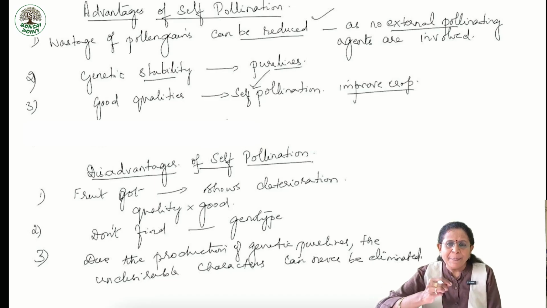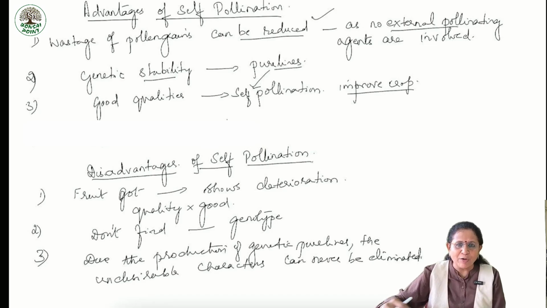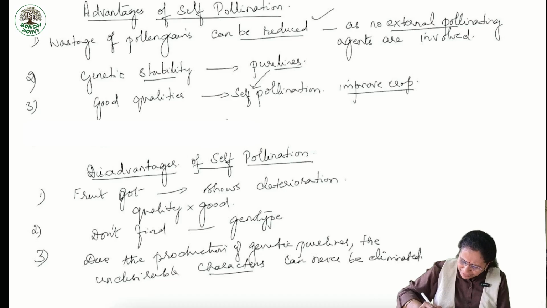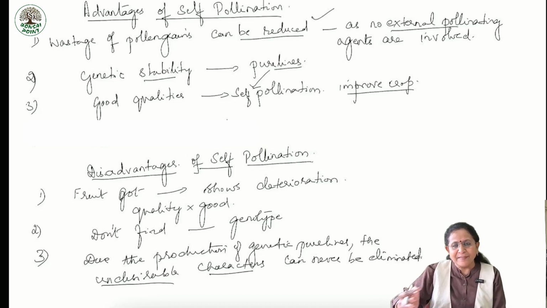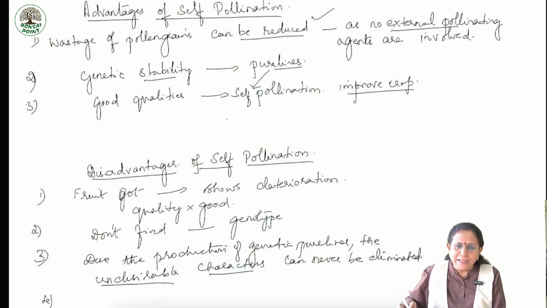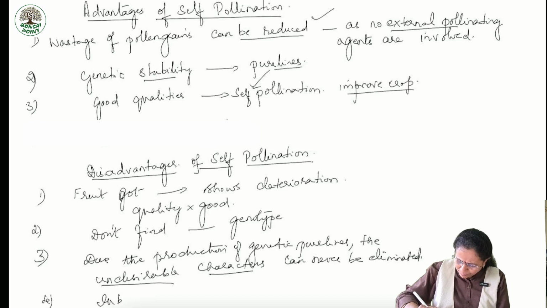Let me repeat. Due to the production of genetic pure lines, undesirable characters can never be eliminated. They will also be inherited. And on the other hand, the most important point is, due to inbreeding or due to continuous self-pollination, there occurs inbreeding depression. Okay? We see inbreeding depression.